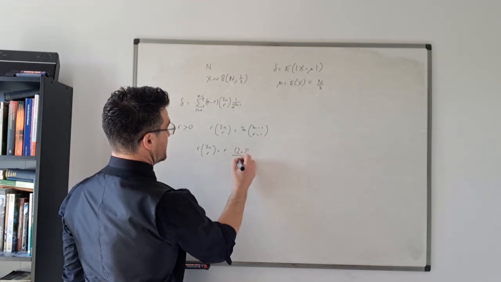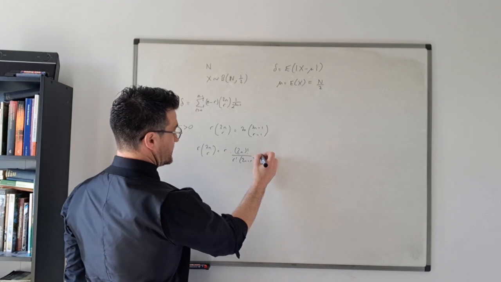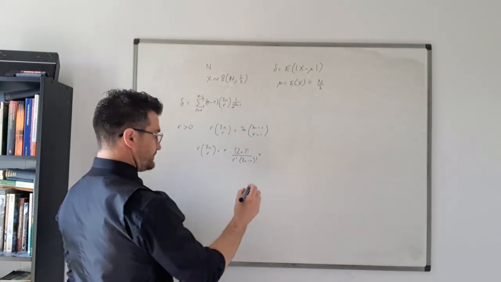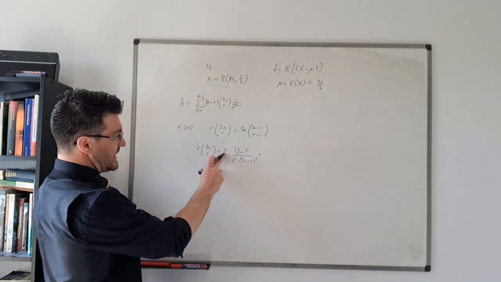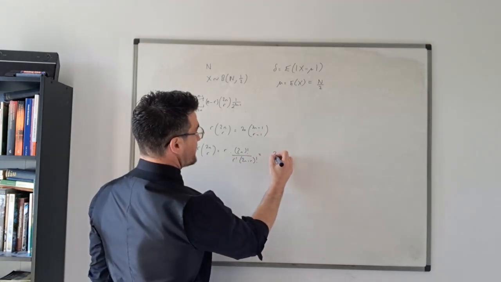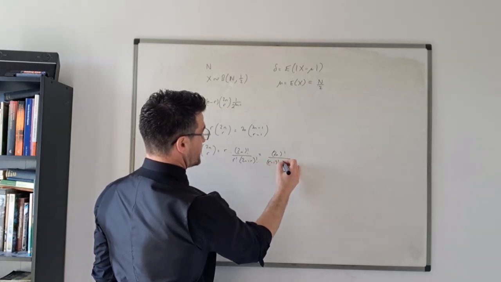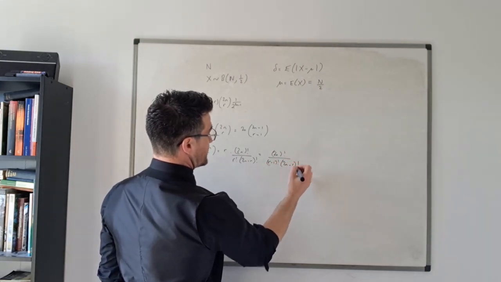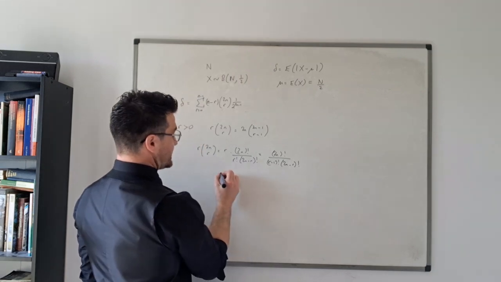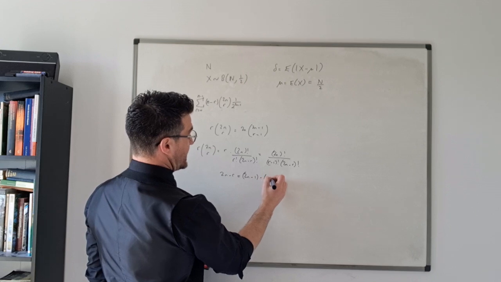So what we've got here is that r times 2n choose r is equal to r times 2n factorial over r factorial times 2n minus r factorial. The factor of r here cancels with the factor of r in the factorial, giving 2n factorial over r minus 1 factorial, 2n minus r factorial. Notice that 2n minus r can be written as 2n minus 1 minus r minus 1.